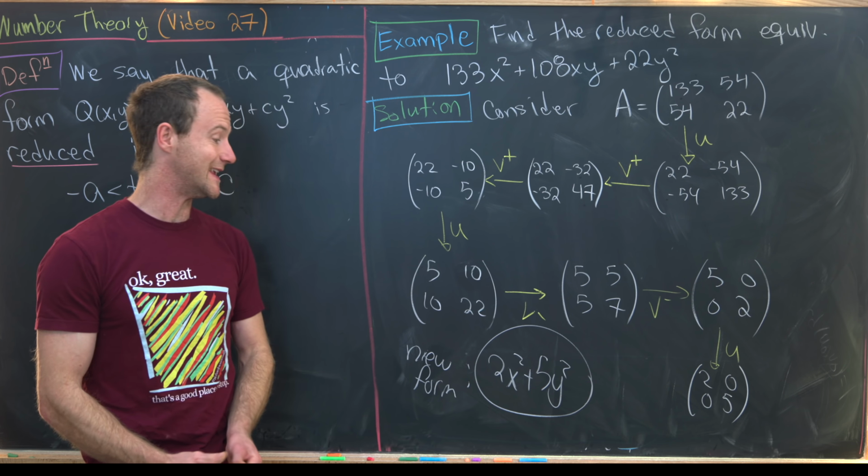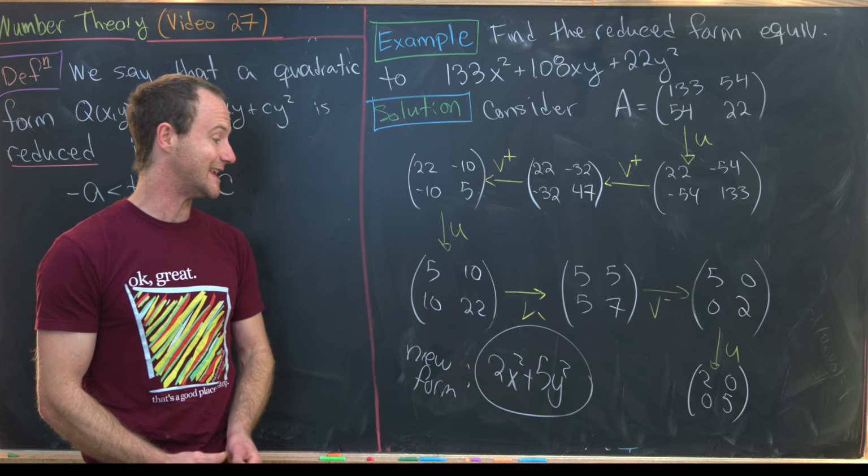This is an if and only if statement, so we've got two directions to prove. Let's prove this reverse direction first. So let's suppose that B satisfies our congruence, which we've assumed to have a solution. So that means we know that B squared is congruent to D modulo 4N. Now we'll take this fact and build a quadratic form with discriminant D that represents N. Okay, well, let's get to it.